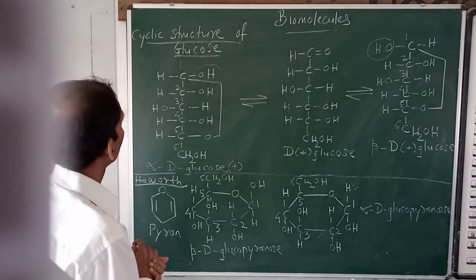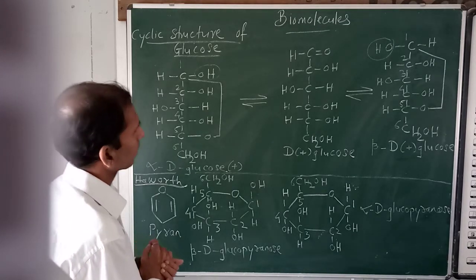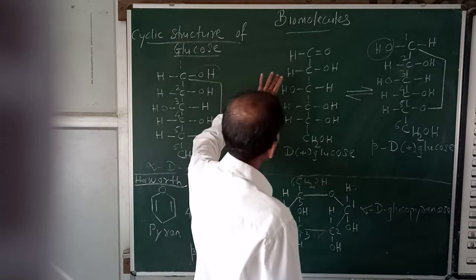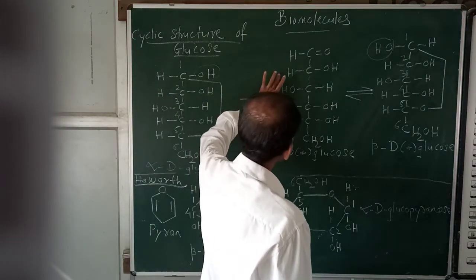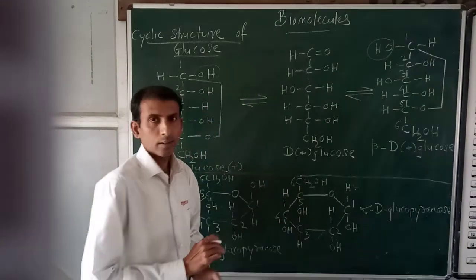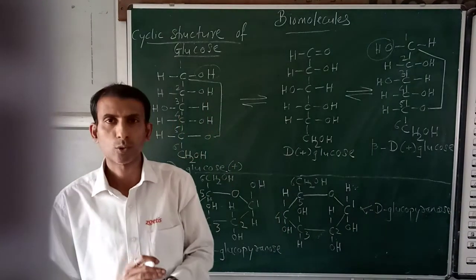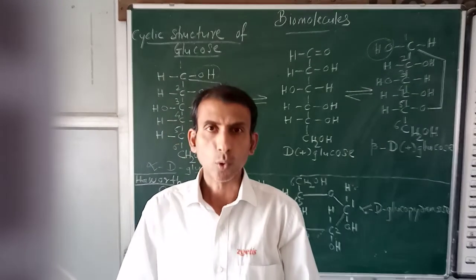So to begin with this part, again we write down the open structure of D-glucose at the center here. And D stands for dextrorotatory glucose molecule.